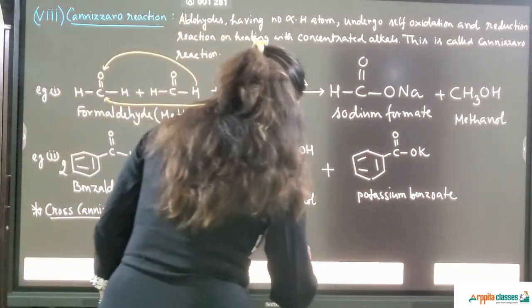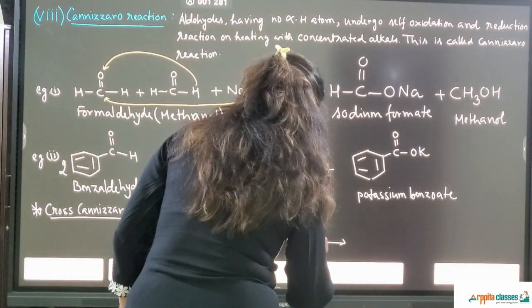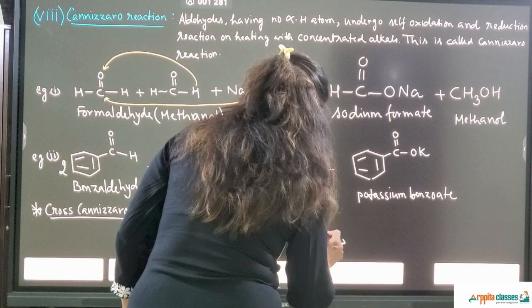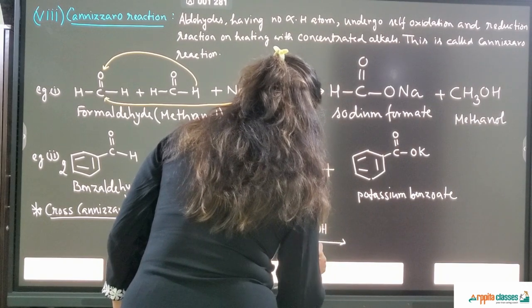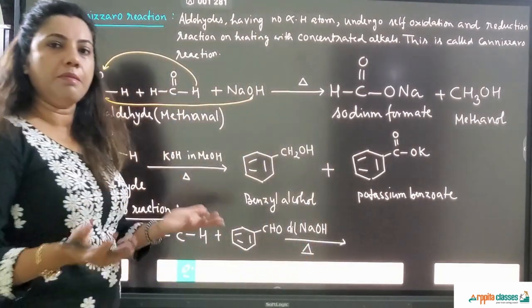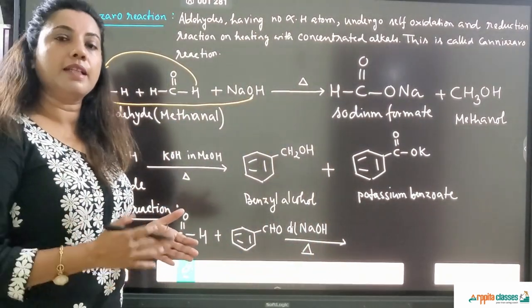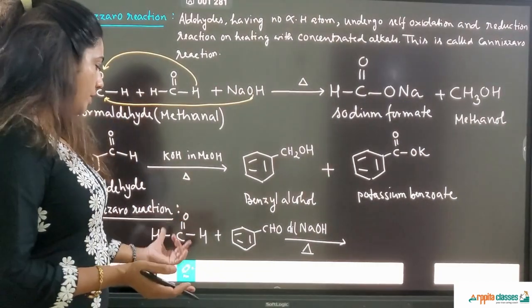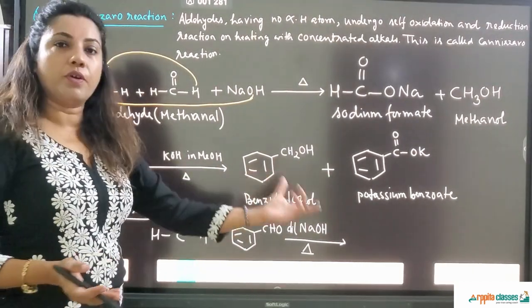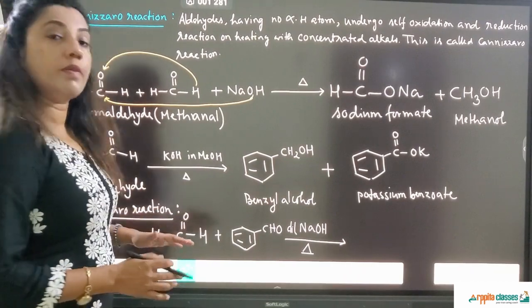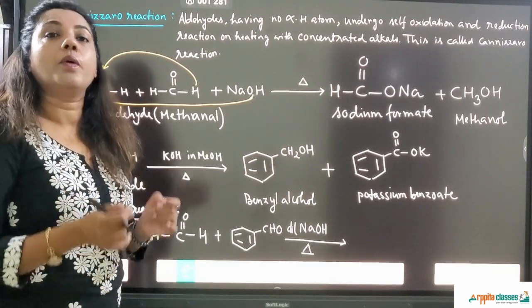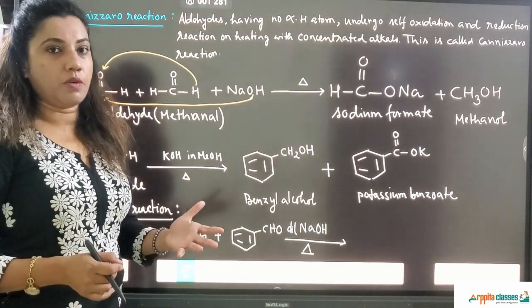Now in presence of alkali, that is, I am taking NaOH, dilute alkali, okay, and we are heating it. So again the same thing, one molecule will get oxidized and the other molecule will get reduced. Now here which one will get oxidized and which one will get reduced? So remember that the one which has lesser molecular mass will get oxidized. What did I say?